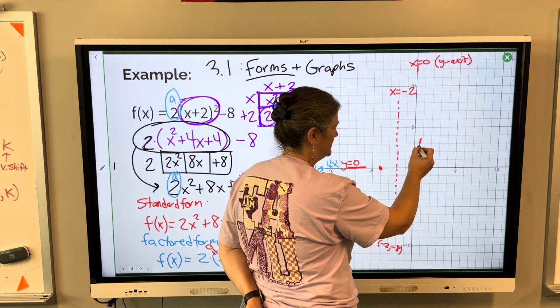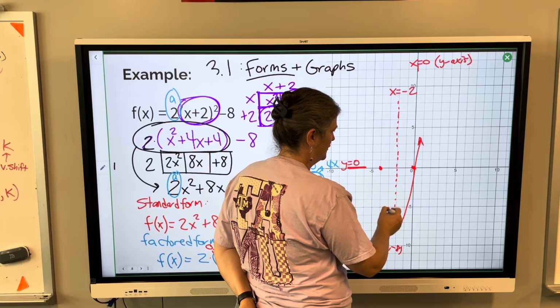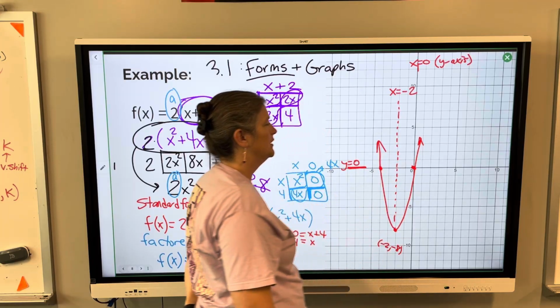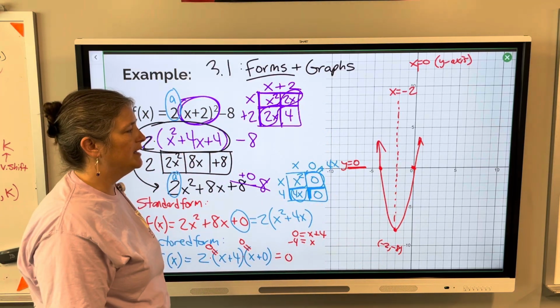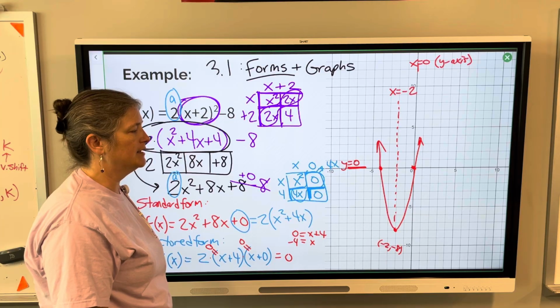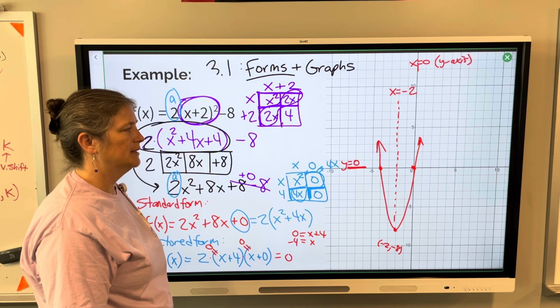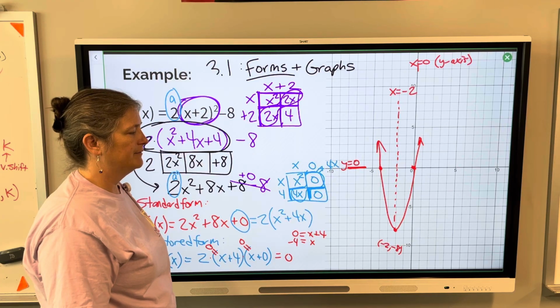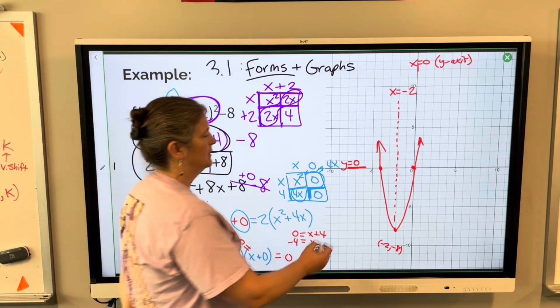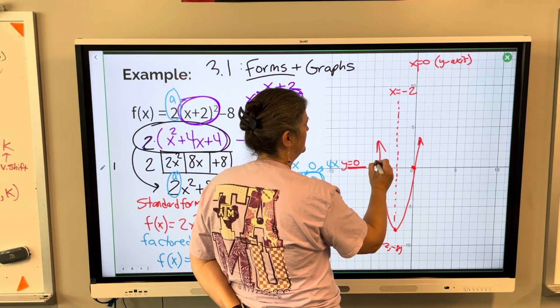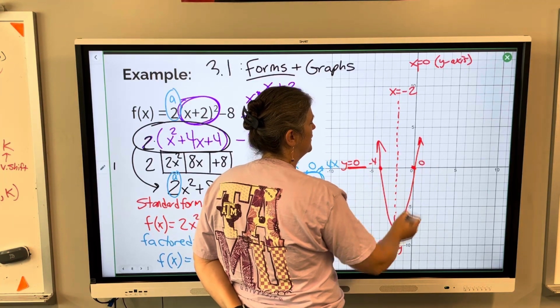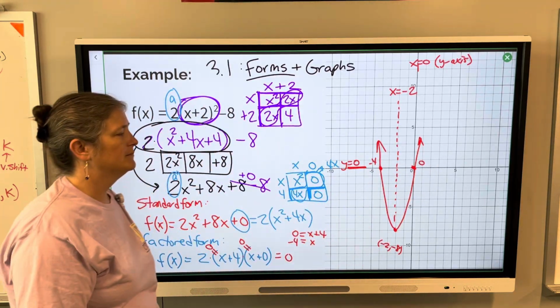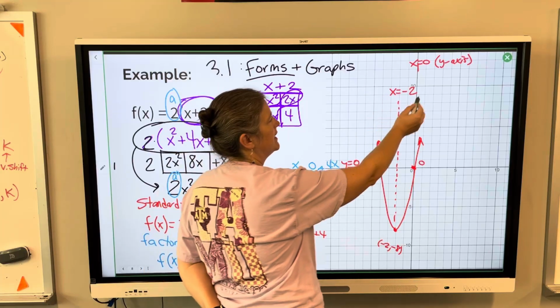It's a very steep U because it's got that vertical stretch by 2, but I have 3 points that I can connect symmetrically, right? And there's my graph. My vertex is labeled. My intercepts might be labeled, -4 and 0 here. My axis of symmetry is labeled.